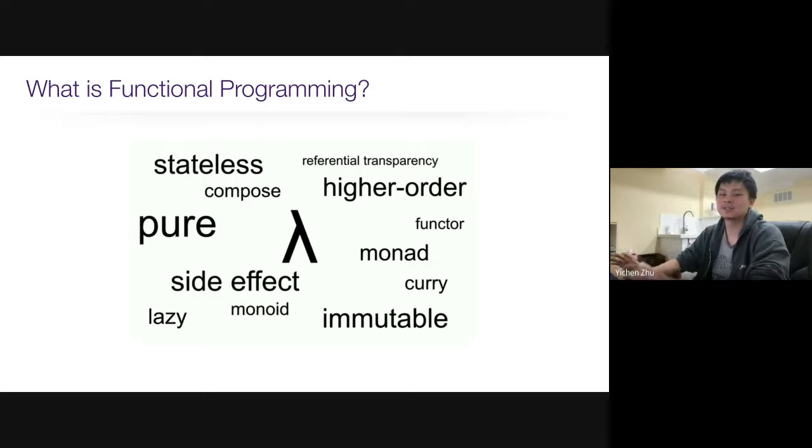Okay. So like I said before, the first thing we're going to try to demystify is what is functional programming. I would say there's no strict definition, but I remember at those functional programming conferences you would almost always see a lambda sign, and you would hear people talk about things like pure functions.